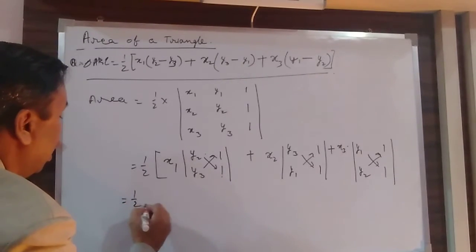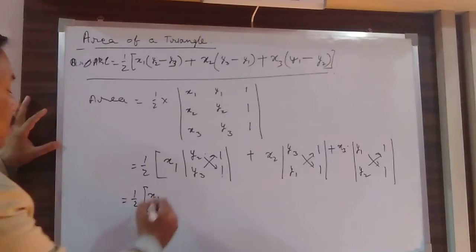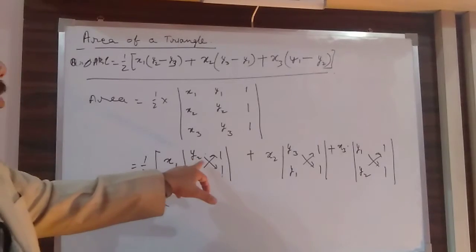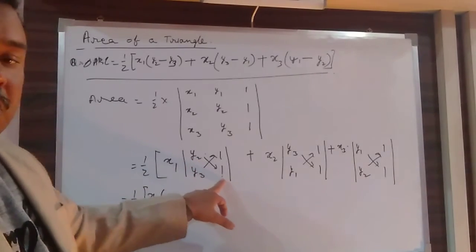So this will be half x1 under bracket y2 multiplied by 1. What is it?